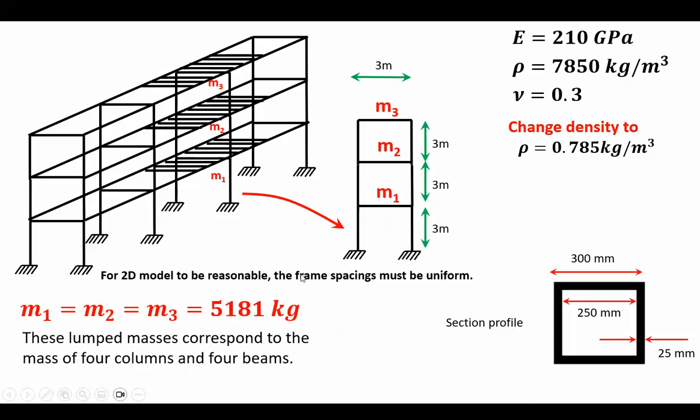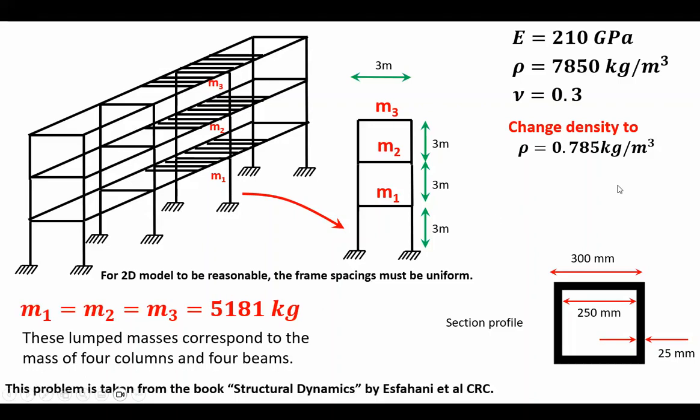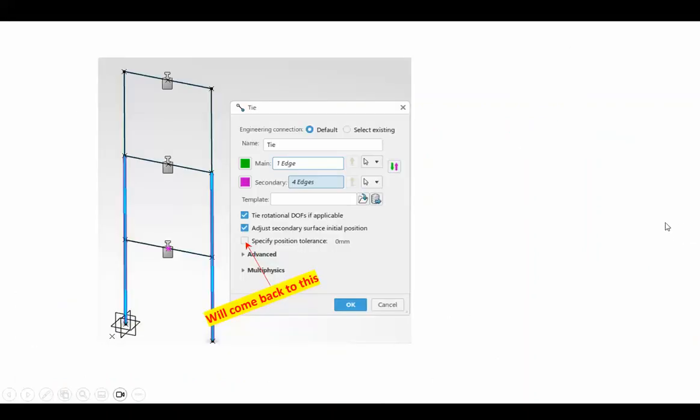This is all calculated in the YouTube reference that I gave. Basically, it's taking the volume and multiplying by the true density. It looks like this problem originally came from the CRC book, Structural Dynamics by Eswani. We'll get to that later on; I'll come to these slides later.